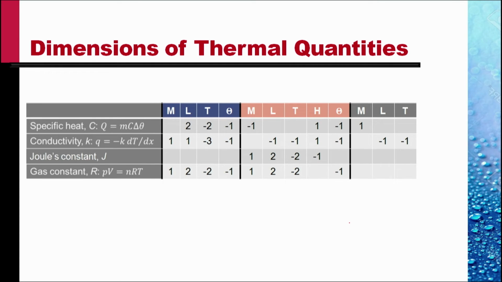So, in 3 different systems, the dimensions of various thermal quantities that we have obtained so far are consolidated in this table. Note that we can have as many as 5 or 4 or 3 dimensions to the thermal quantities.